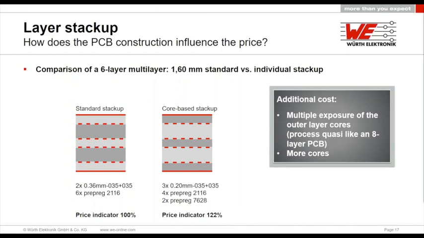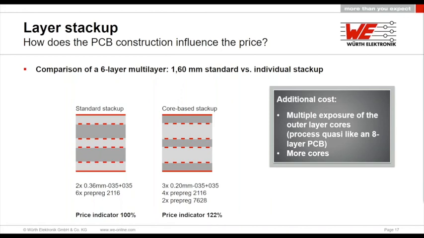Why is that? Well, when we do the pressing, we need to have fully covering copper on the outer layers so that we can do the drilling and the plating. We cannot use the outer layer cores and place the top and inner layer layout already on this panel. We have to secure the copper layer on top, and we have to secure the copper layer on the bottom for the bottom core.